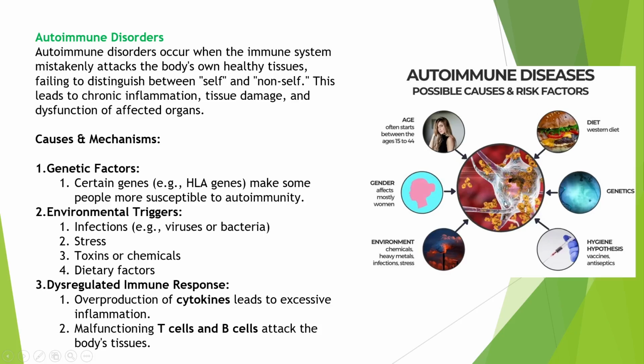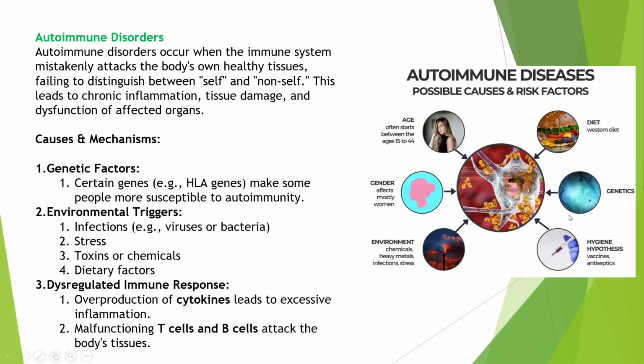So you can see all these risk factors are mostly affecting people between the ages of 15 to 44. So the onset starts there, and statistically it is more in women when compared to men. And as we spoke, the diet, the fast food, junk food, all these pro-inflammatory foods also affect.